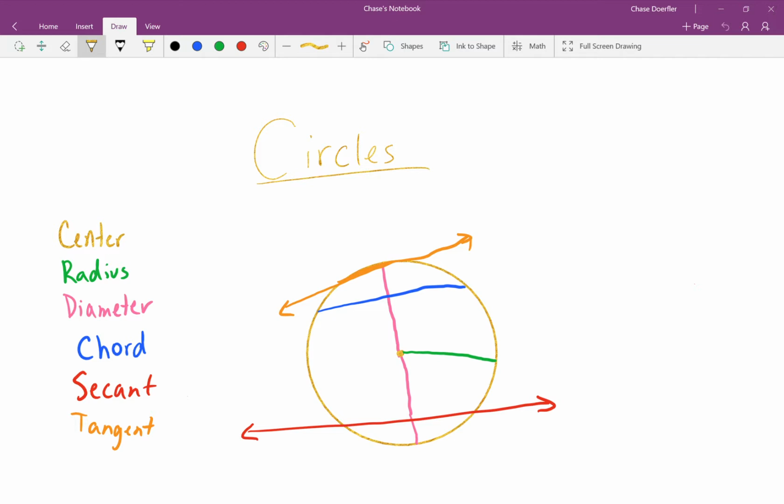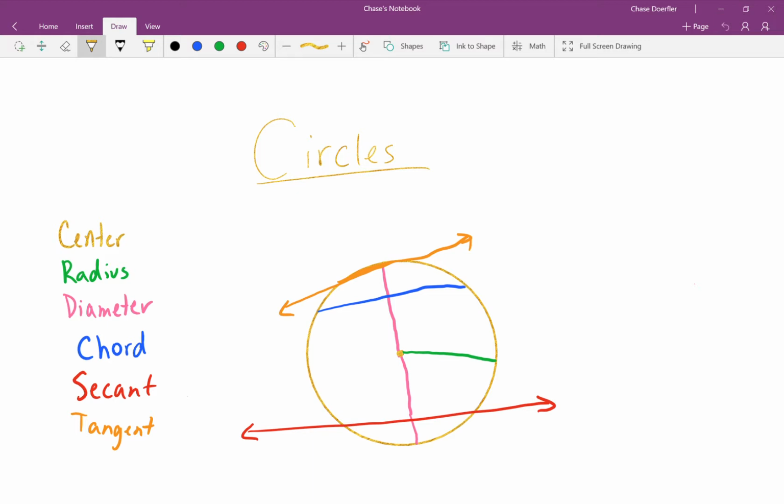And that actually brings us to chords, which is in blue. And it's basically the distance from one point on the circle to another. And if it runs through the center, it's the diameter. And similar to chords are secants, which instead of line segments are lines that go through 2 points on the circle.